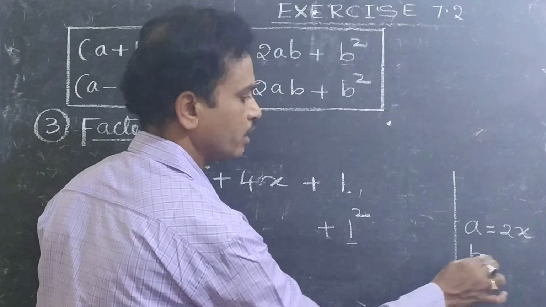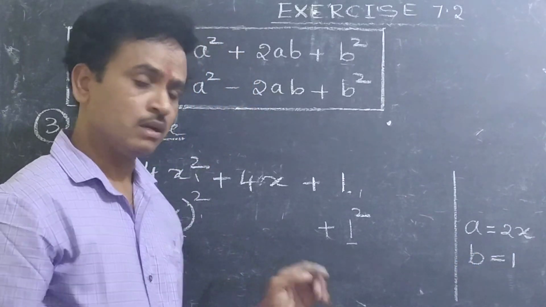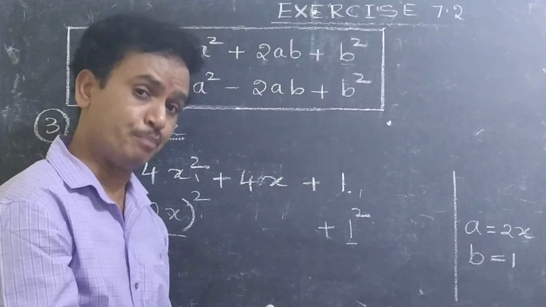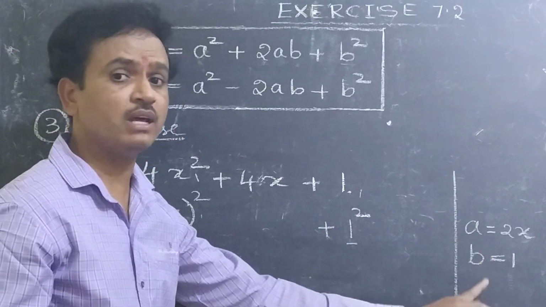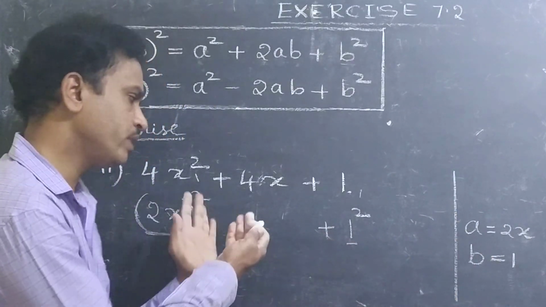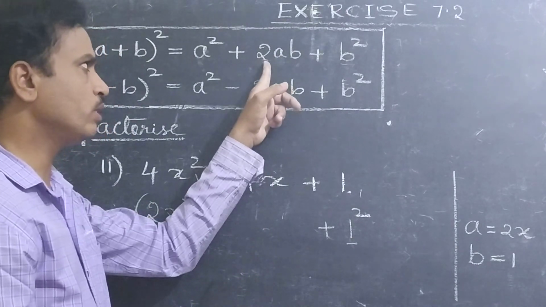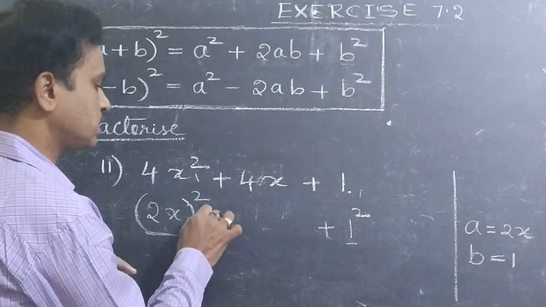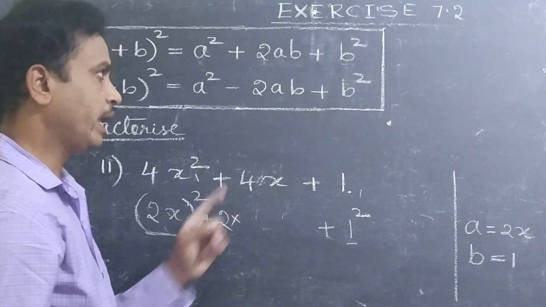So better you write b is equal to 1. Now this part becomes a square and this part becomes b square. By finding this we got the a and b values. Now we can easily find the middle term. In this formula, 2ab is there. 2 you should write as it is first, into a.